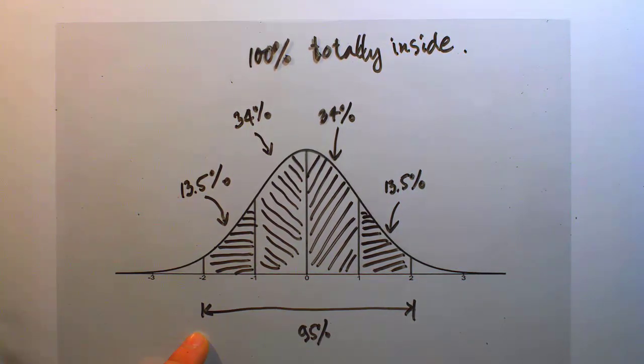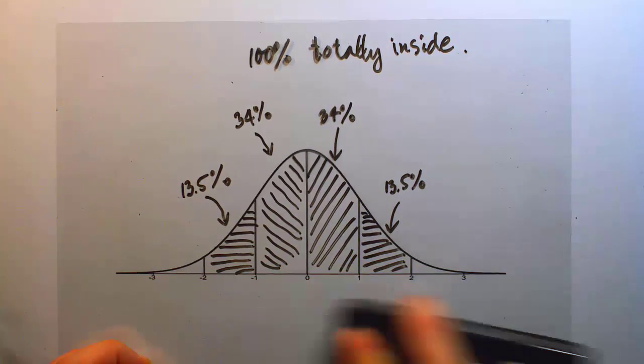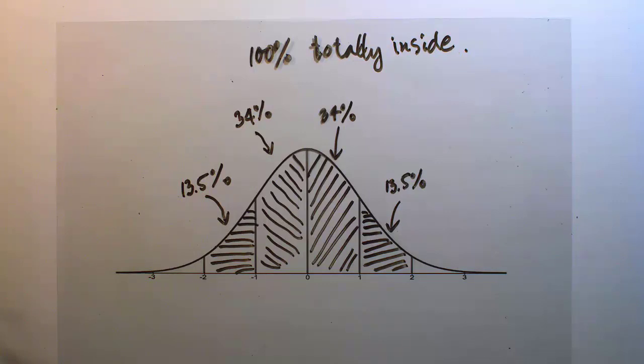Here we're just learning how we can chop that into small portions, because once we understand these little areas, it's going to help us do a lot of other math work on the bell curve.